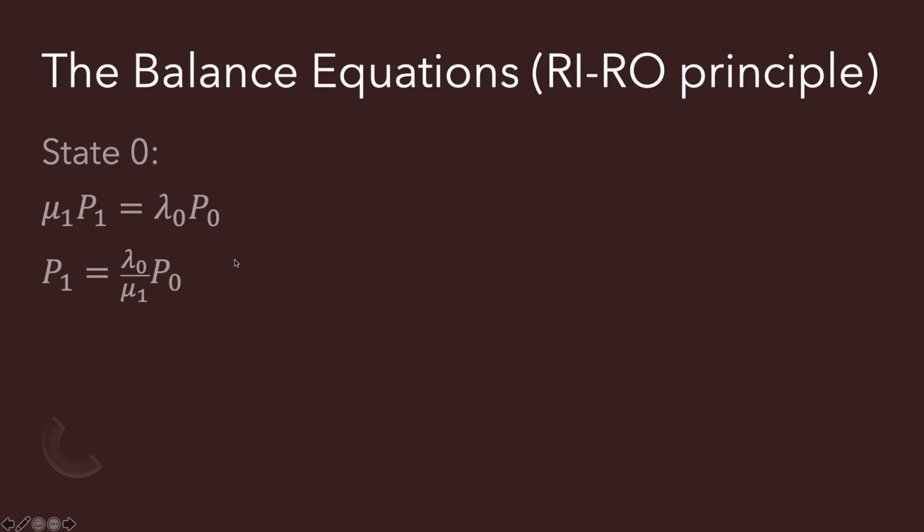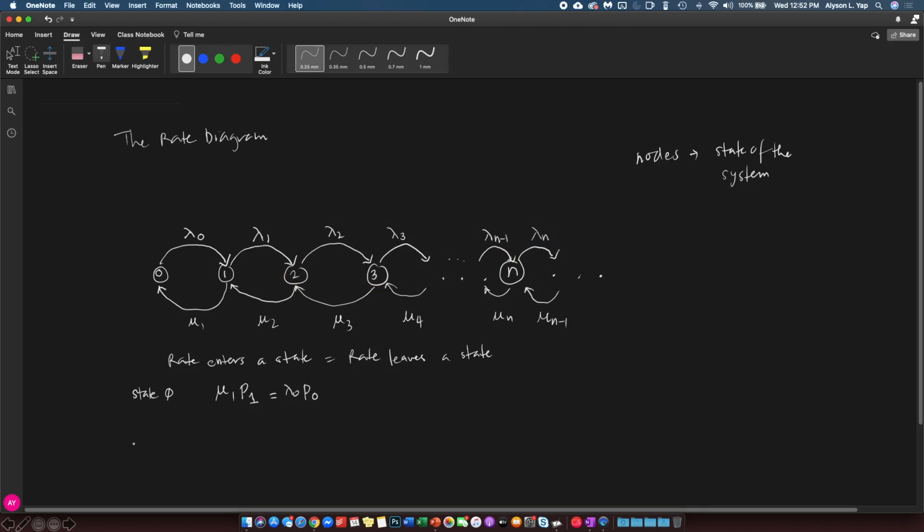What about for state 1? For state 1, again, we will apply the rate in, rate out principle. So the rate in is lambda 0 P0. So the rate going into 1 is lambda 0 P0, but we have to add mu2, and this happens P sub 2 of the time.